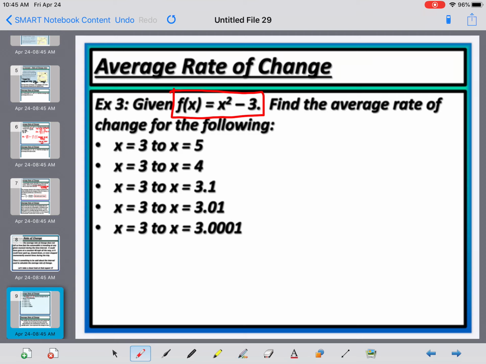In order to solve this, I'm going to do a little bit of the arithmetic beforehand, so I can just set up each average rate of change without having to do calculations in between each one. For each of these individual 5 problems, I need to evaluate each x value. So I'm looking to evaluate f of 3, f of 4, and so on.